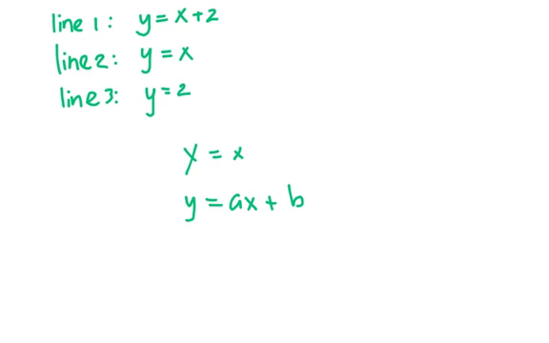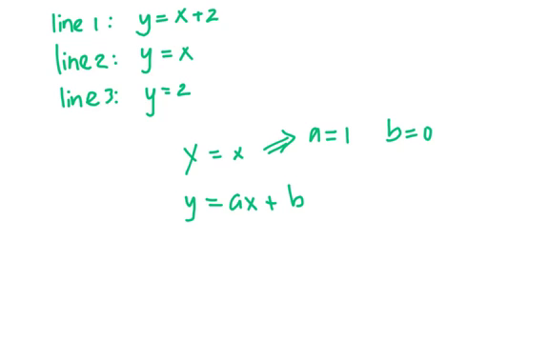In our equation y is equal to x, a is equal to 1 and b is equal to 0. So if a is the gradient, our gradient is 1. That's the first way you can do this question.